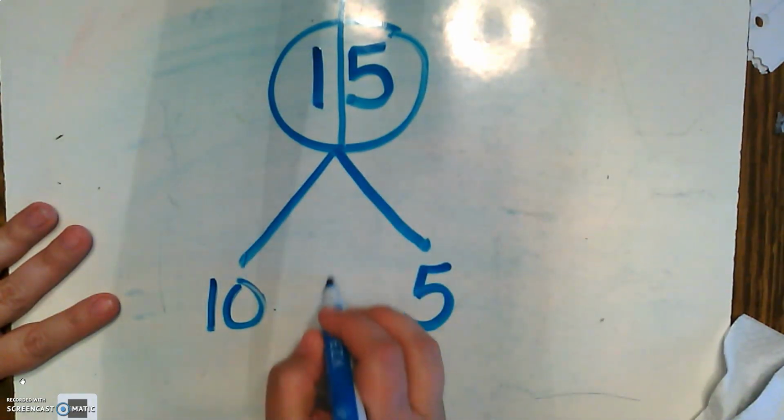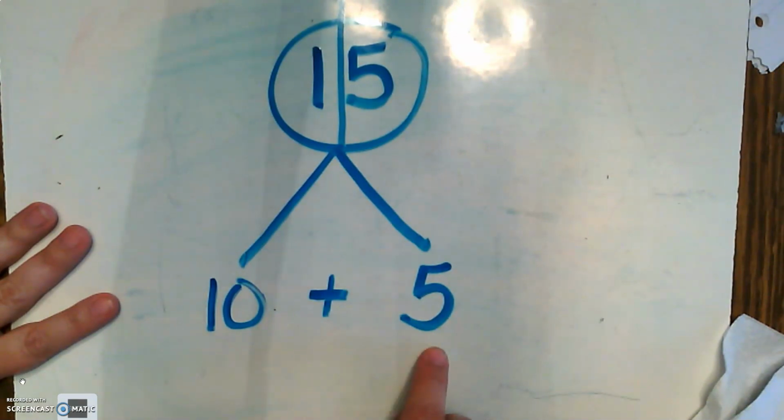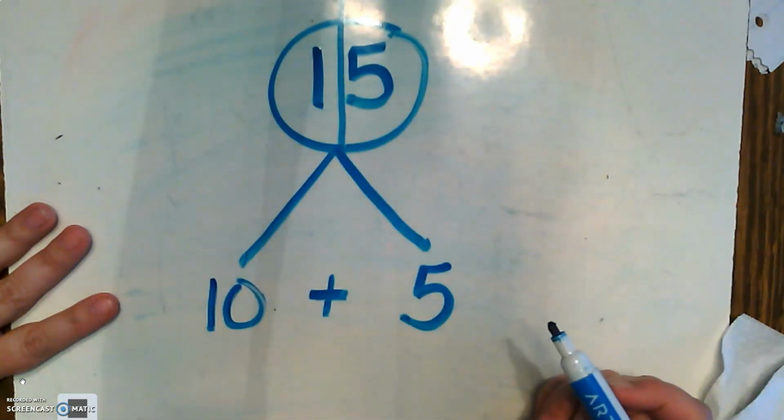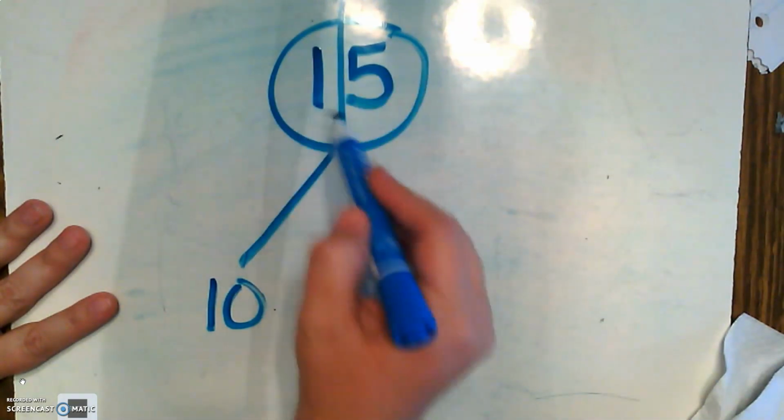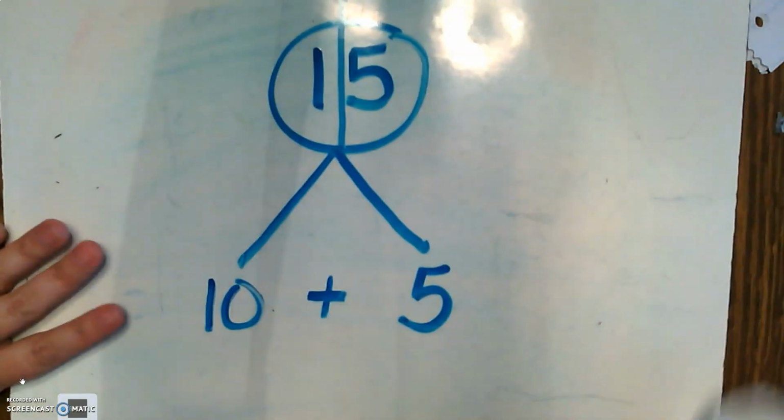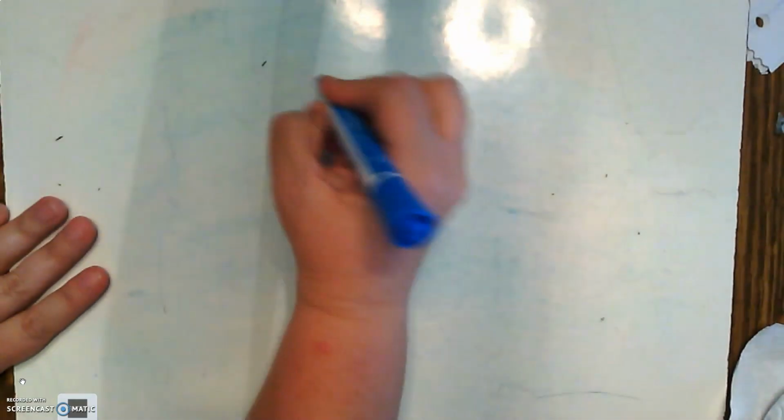So what I really have is 10 plus 5, and that equals 15. Or sometimes people might say this is 10, 5, which is what this number is, one group of 10 and 5 extra ones.